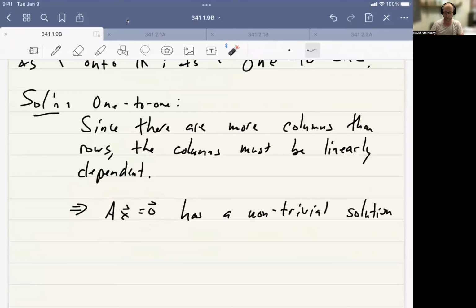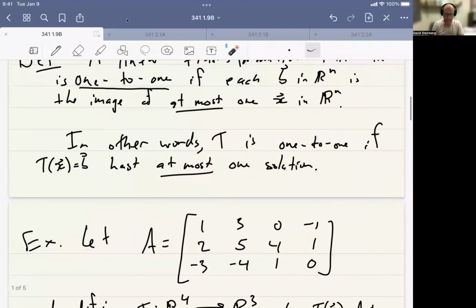which means it can't be 1 to 1. 1 to 1 means that for anything we pick in Rm, in our target, there can be at most one solution. So here we picked B, we saw that there are two vectors being sent to B, both the zero vector and some non-trivial solution. And so it can't be one-to-one.